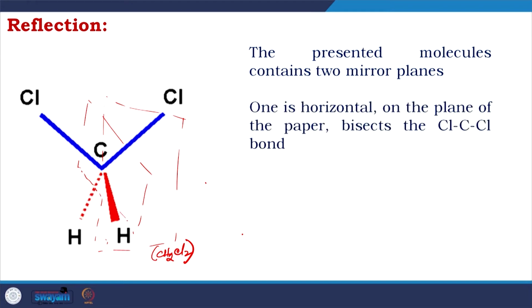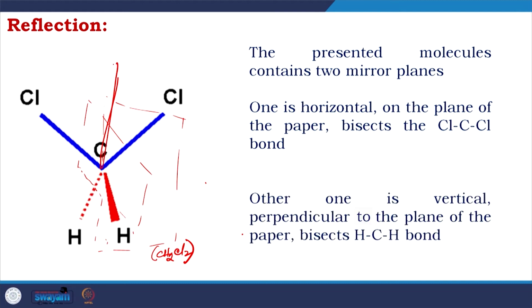So, one is horizontal, on the plane of the paper, bisects the Cl-C-Cl bond, so bisect like this. Other one is vertical, perpendicular to the plane of the paper, bisects the H-C-H bond.